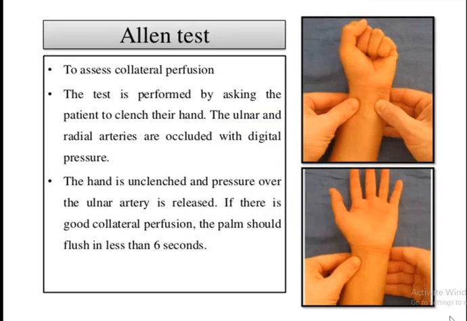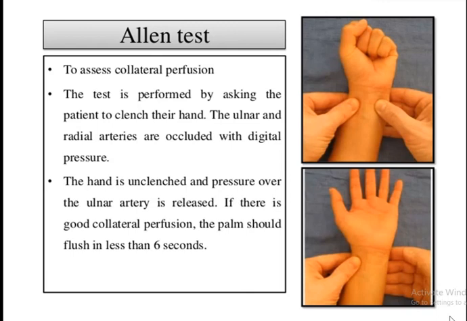Coming to the Allen's test, this is a very important test. This should be done in all the patients in whom you are planning to insert an arterial cannula. It is used to assess collateral perfusion. Ask the patient to clench his fist, to make a fist very tightly, then press and occlude both the ulnar artery and the radial artery, and then ask him to release.